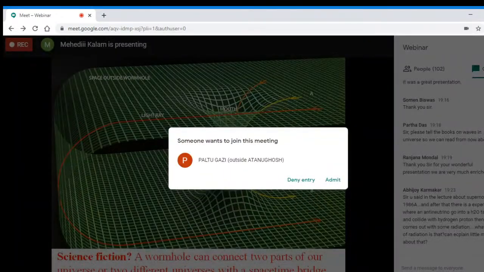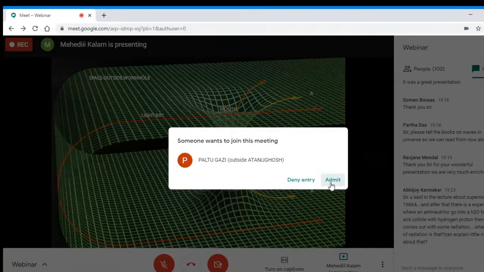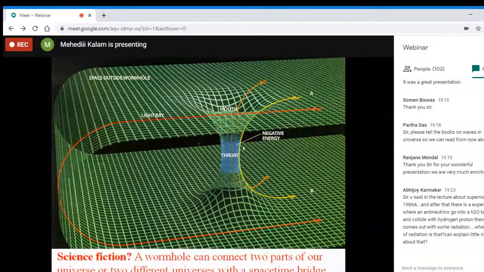Its velocity is very much less than the velocity of light, so it obeys the laws of relativity. The traveler will reach far earlier than the light. In that way, this wormhole can be treated as a shorter path for interstellar travel.